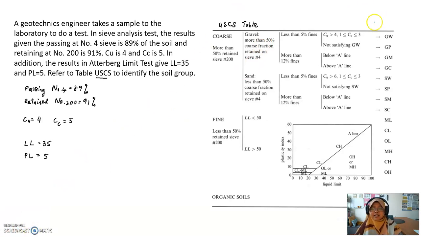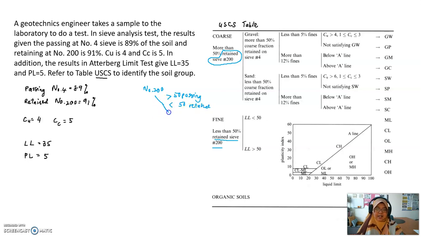As we can see in the table, the first parameter that we need to check is how much is retained at sieve number 200, to identify whether it is a fine or coarse grain soil. Is it more than 50% passing at number 200, or in other words, less than 50% retained?